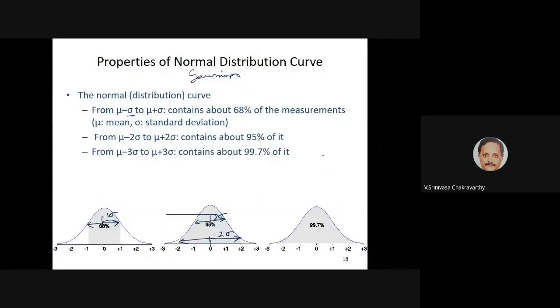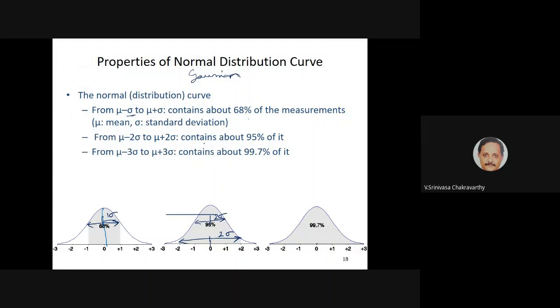Now, one popular example of a symmetric distribution is the normal distribution, also called the Gaussian distribution. Right, so the mean of this is mu and the standard deviation is sigma. If you look at the area of the curve between the mean and one standard deviation, 1 sigma, 68% of the area is inside that region.